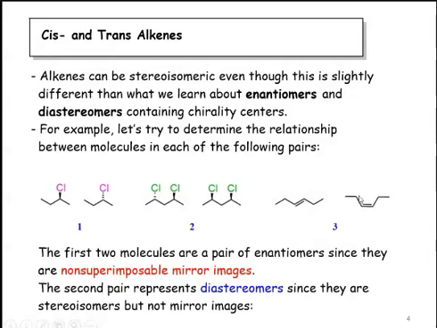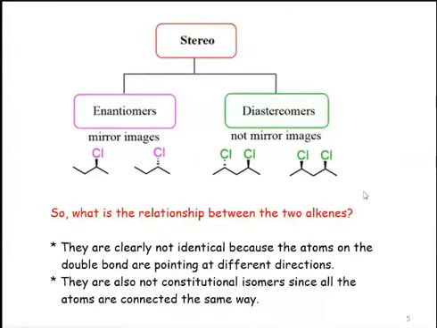Here we can see both the ethyl groups are lying above the plane, because whenever we talk about double bonds, we talk about sp2 hybridization, and sp2 hybridization always represents a planar structure, isn't it? So to conclude, in case of these two alkenes, they are not identical because the atoms on the doubly bonded carbon-carbon are pointing in different directions. They are also not constitutional isomers.